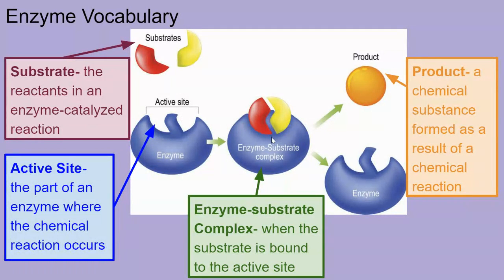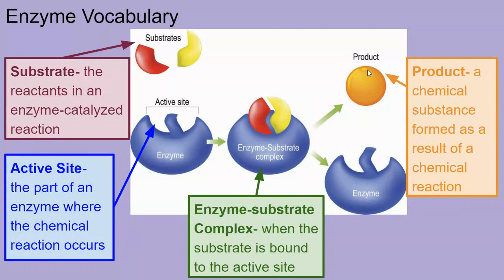Now, when the reaction is actually taking place, which is shown right here in the middle, you have what's called the enzyme substrate complex. And that is when the two substrates there are actually held in place by the active site of the enzyme, and they're going to be able to do their reaction and form their product pretty quickly compared to if the enzyme wasn't there.